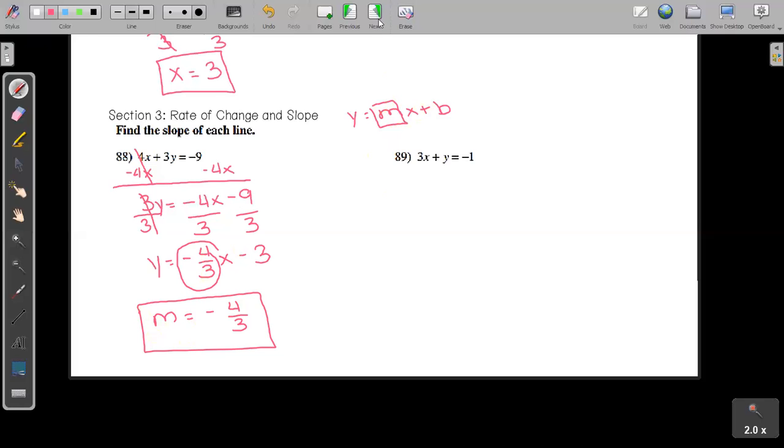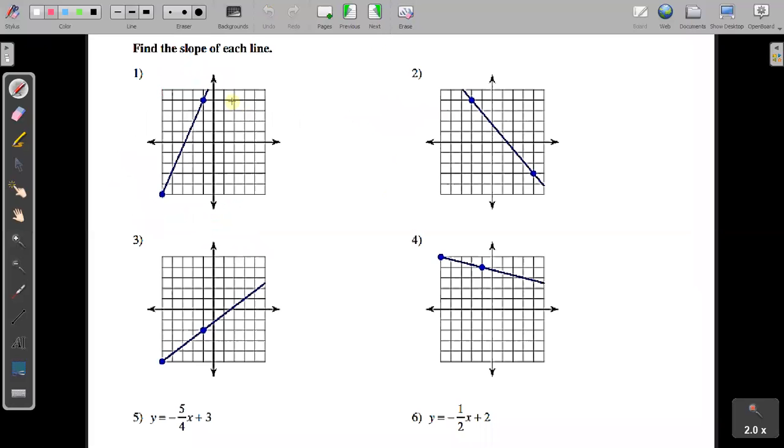Okay, let's look at finding slope on a line. When you are finding slope from a graph, you want to think of slope as rise over run.